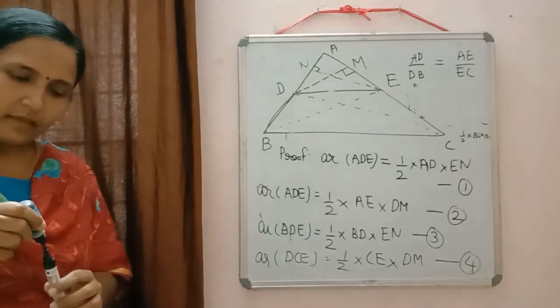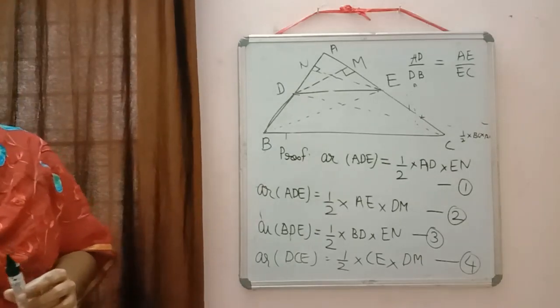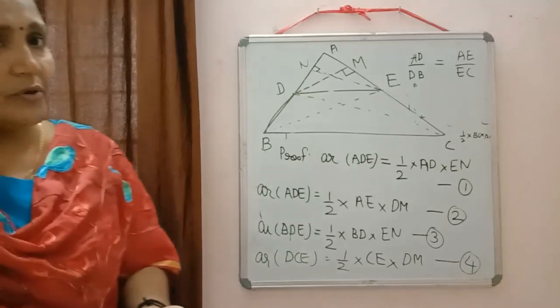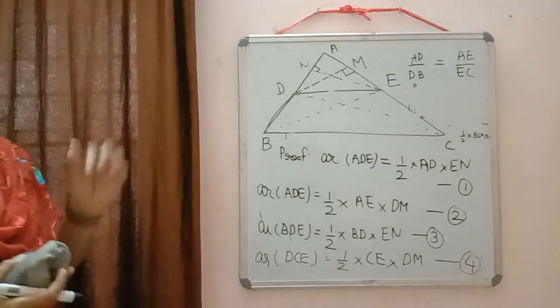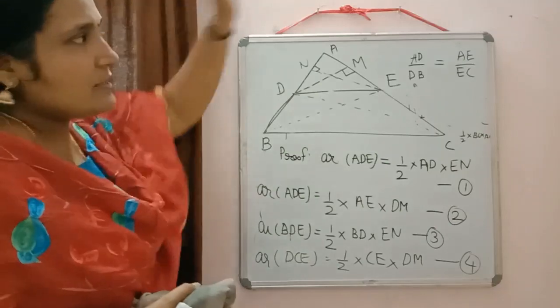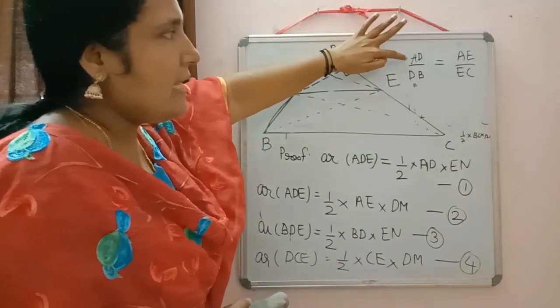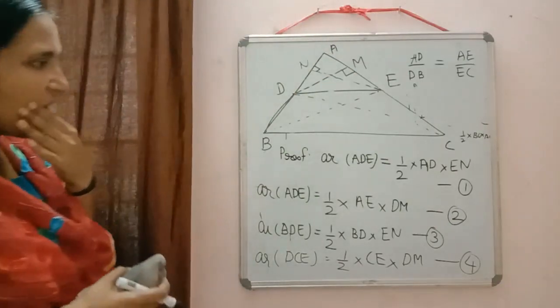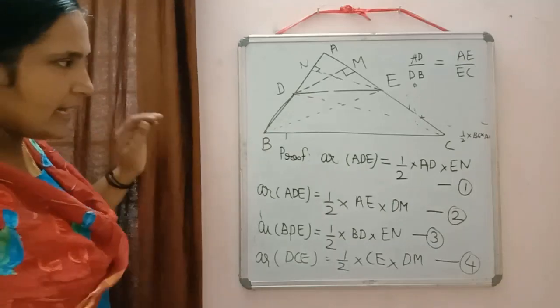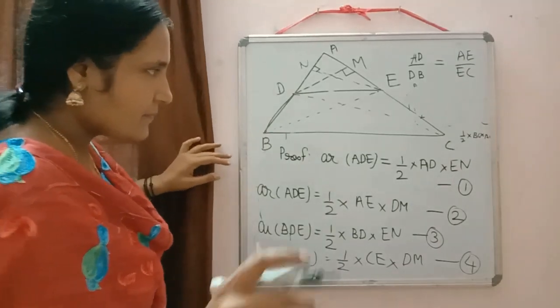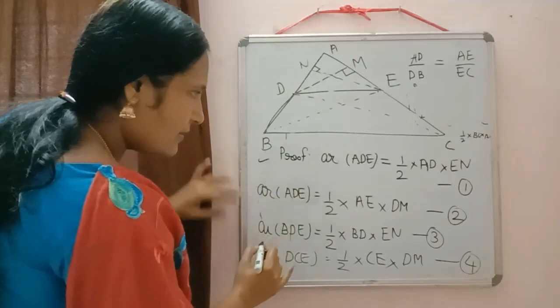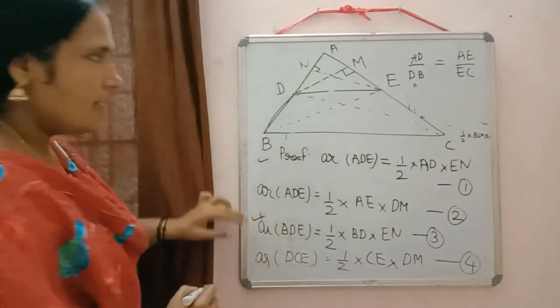Now we have to divide. We have to divide in such a way that we get the ratio AD and BD. So let us check in which equations AD and BD are coming. Equation 1 and equation 3.